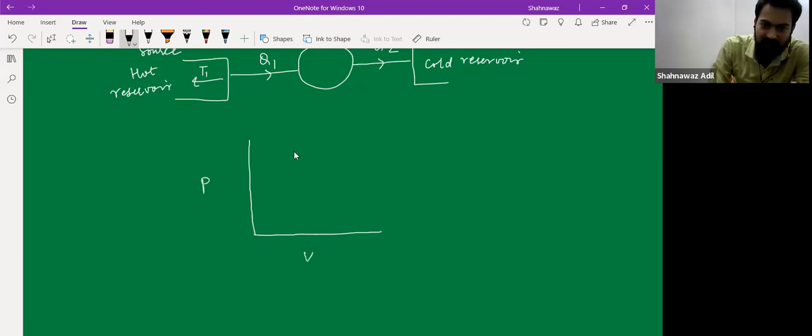So let's say this point is A, and we do an isothermal expansion, and then we do an adiabatic expansion. So this is point B.